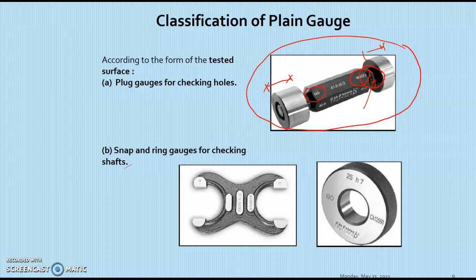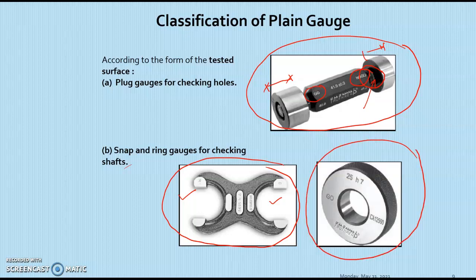Then, the snap gauge is shown in this picture. One end will be go and the other end will be no go, stamped on the body of the gauge. And here is the ring gauge. This ring gauge is made for checking 25 h7.